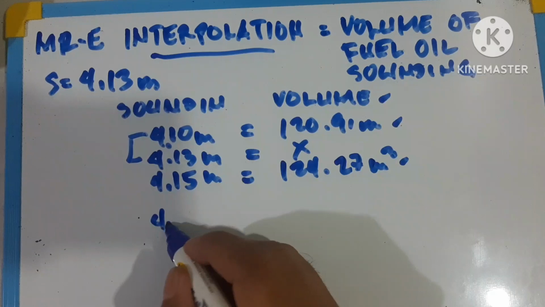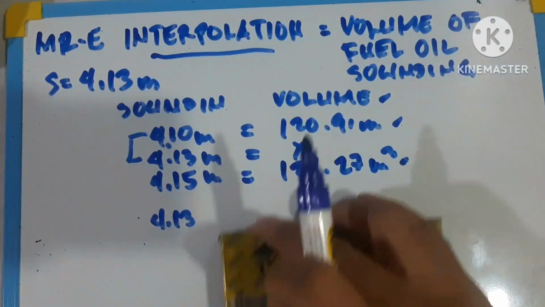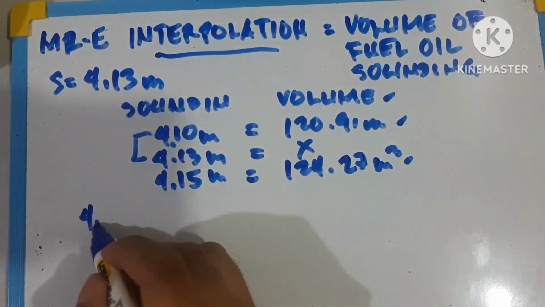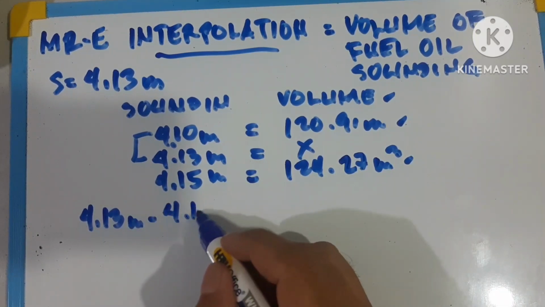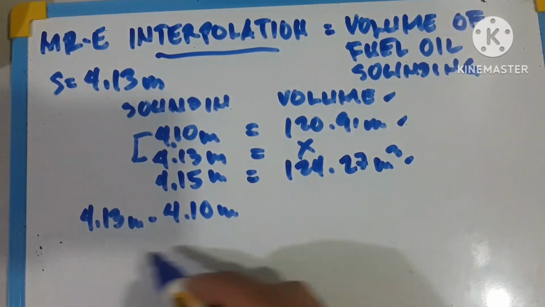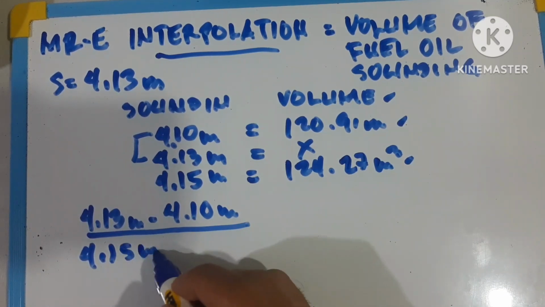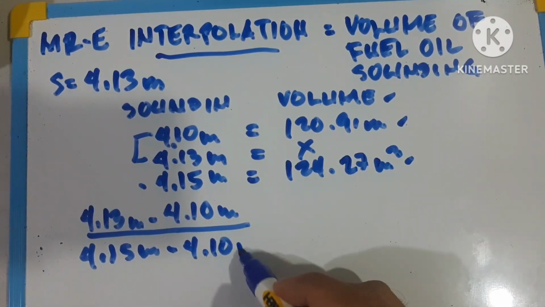The 4.13 meter minus 4.10 meter divided by the 4.15 meter minus 4.10 meter.